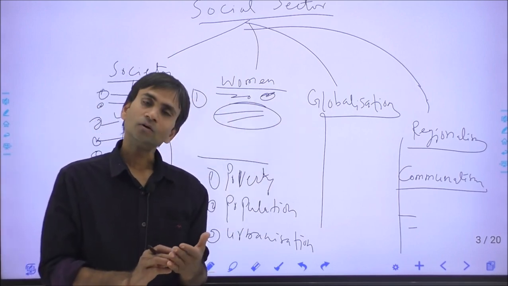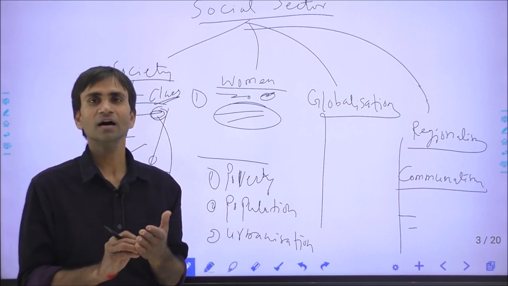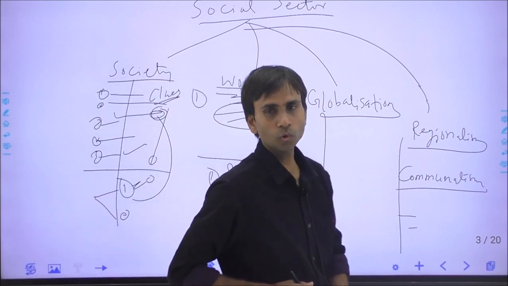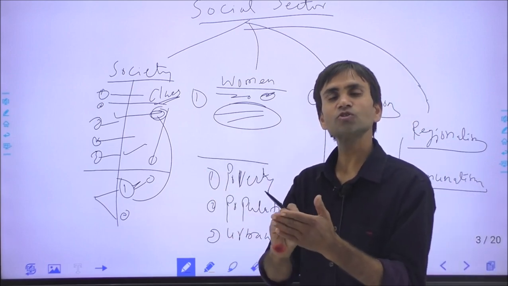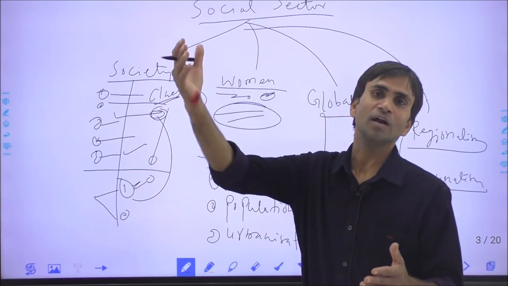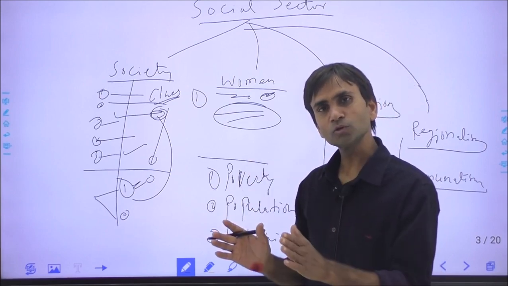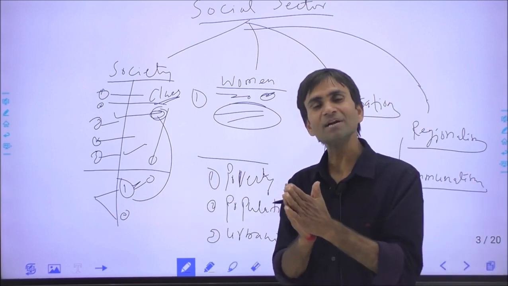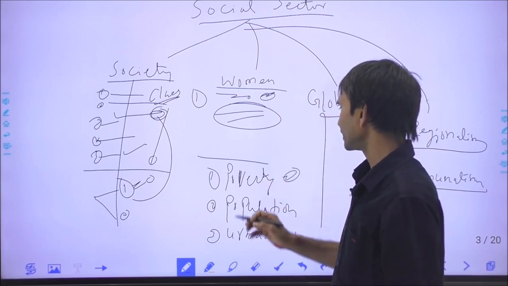To what extent has India succeeded in the eradication of poverty? Has India failed to analyze or understand the nature of poverty in our country, and what should be the new approach for the alleviation of poverty? Can it be possible through the government's efforts only, or should we incorporate the private sector and other civil societies? So poverty is an important topic.